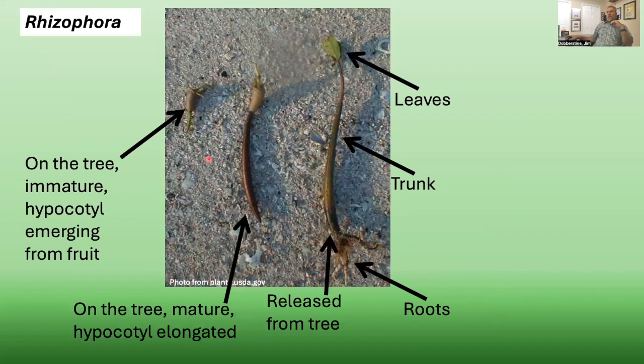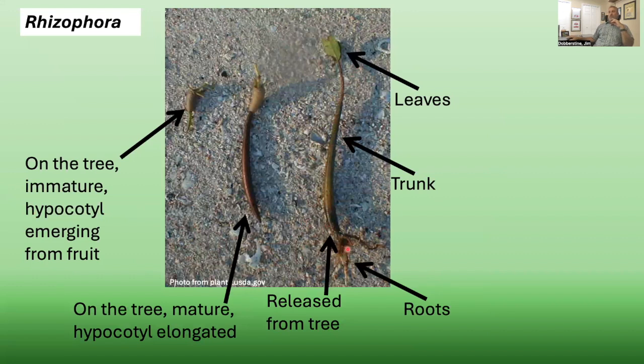So here on the tree, if you look at the different stages here, you can see on the tree the immature hypocotyl emerging from the fruit, right? So here's the fruit, here's that hypocotyl that's elongating. Here, again, this would be found on the tree. You can find the fully elongated hypocotyl. And then this is after it's released from the tree.